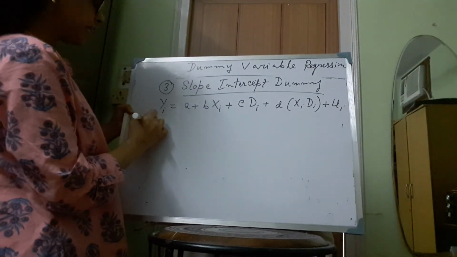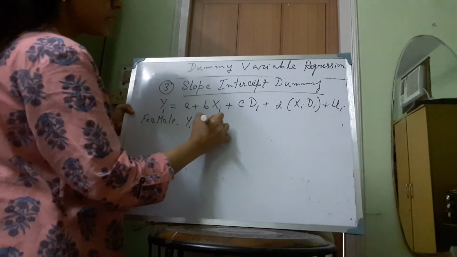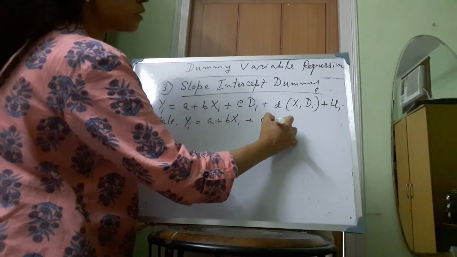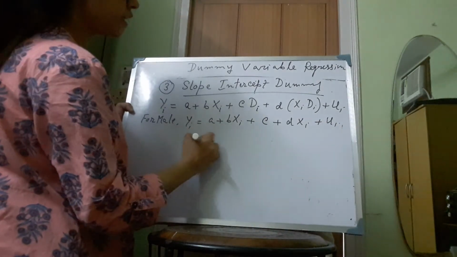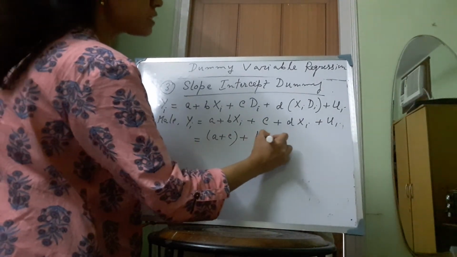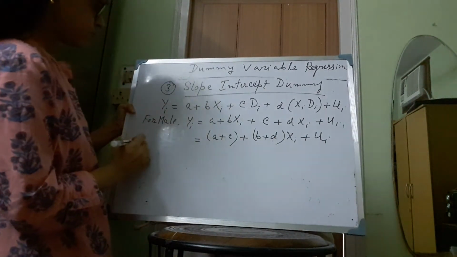Now here for male, yi is equal to a plus b xi plus c plus d xi plus ui. So we are getting a plus c plus b plus d into xi plus ui for male worker.